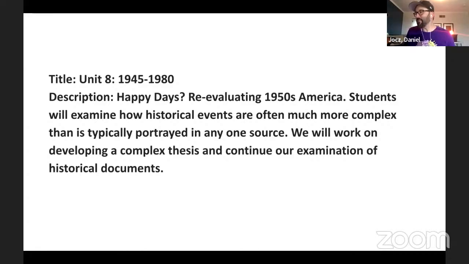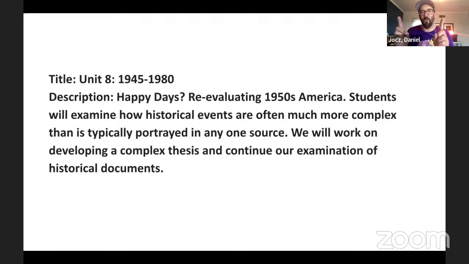In our next session, which will be tomorrow at 4 p.m. West Coast time, East Coast time obviously 3 hours ahead, and all you other folks, check your time zone, we will be covering Unit 8, which is one of my favorites. We're going to take a look at the 1950s and really how history is way more complex than is typically portrayed.